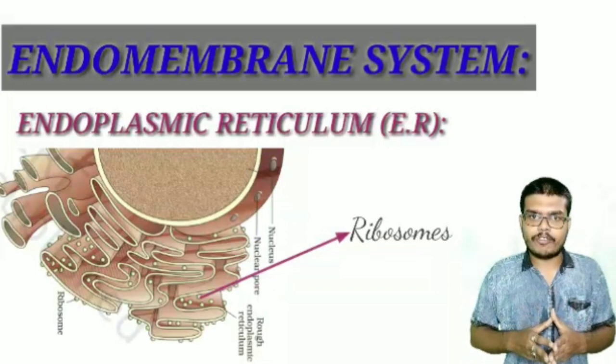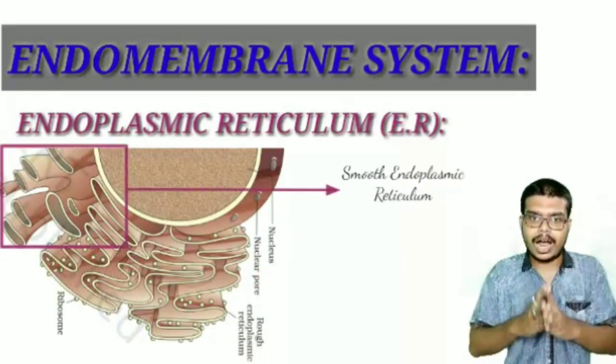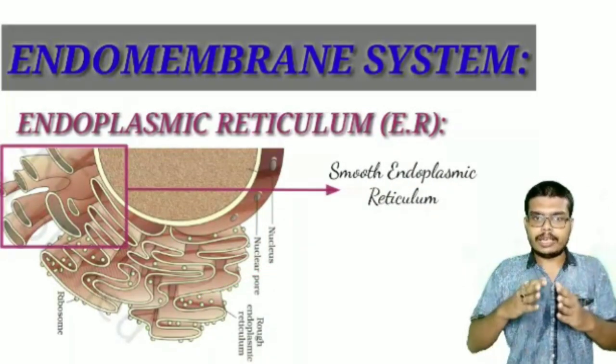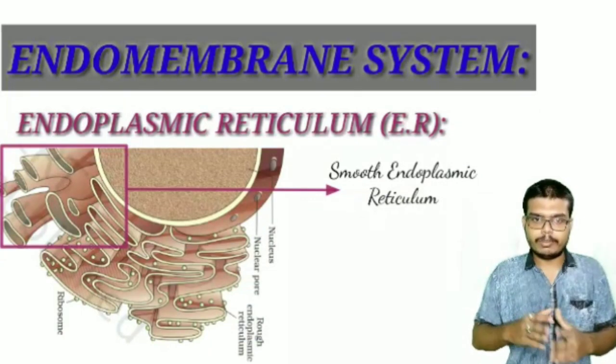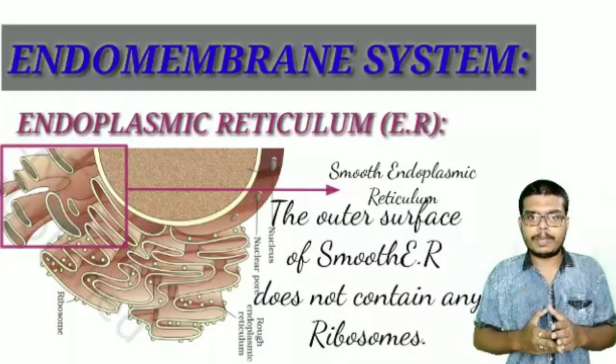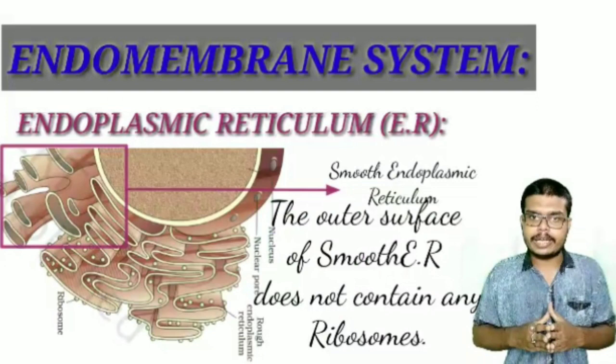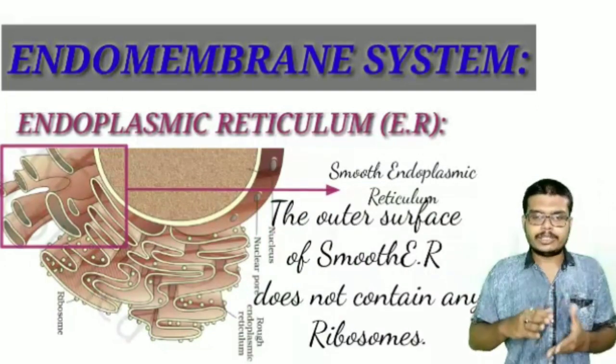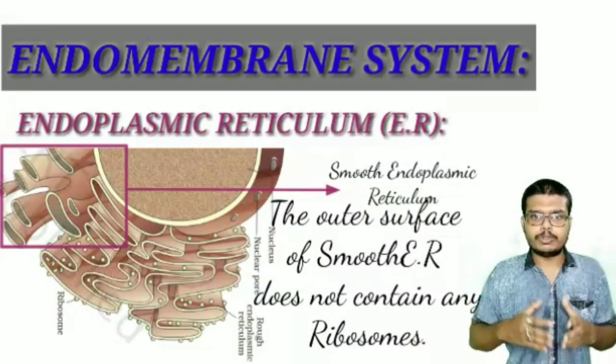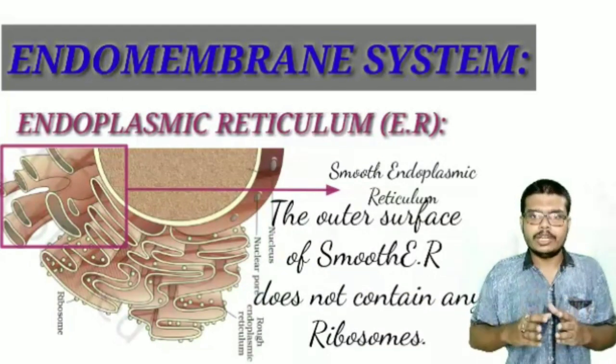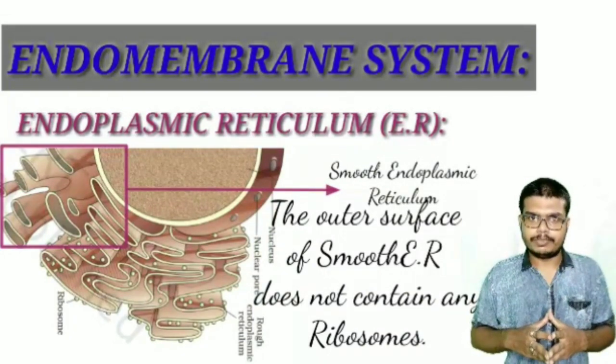So it's known as rough endoplasmic reticulum or RER. And in the case of smooth endoplasmic reticulum, the outer surface does not contain any ribosome, so the surface looks smooth. So it's known as smooth endoplasmic reticulum.